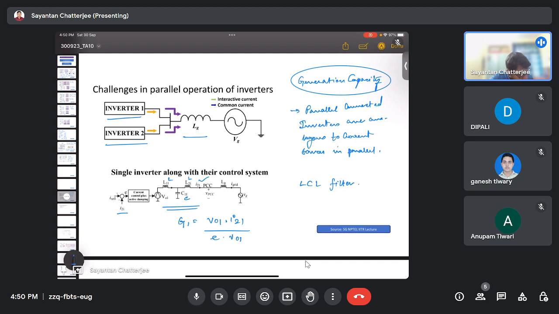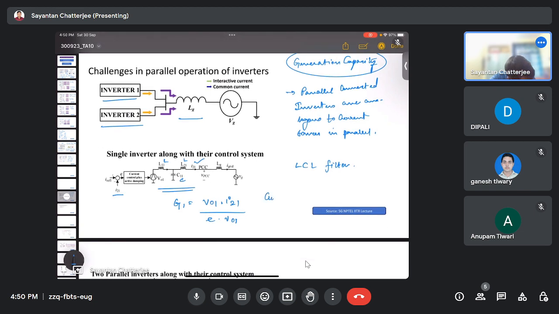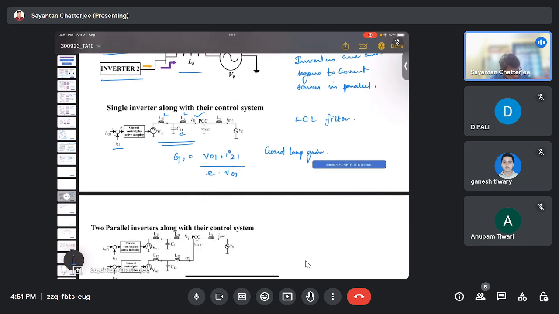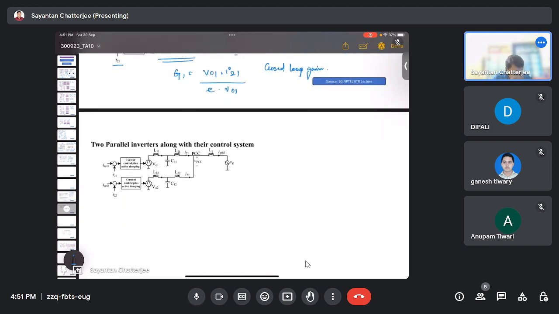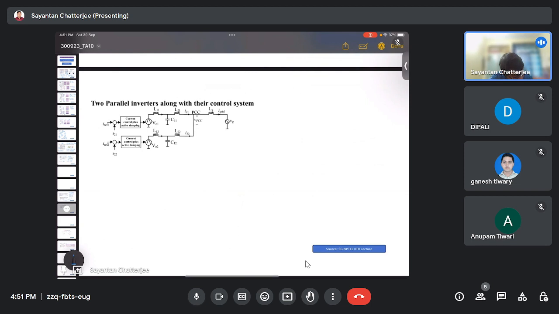So this is the closed loop gain. Now for the parallel inverters with their control system in operation. So here the question was for parallel operation of the inverters.